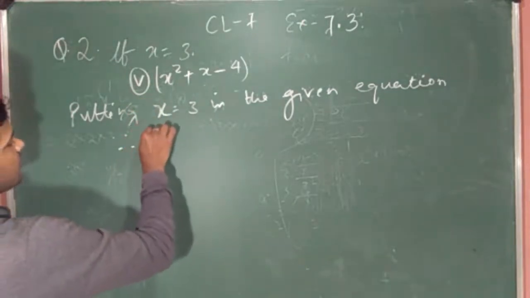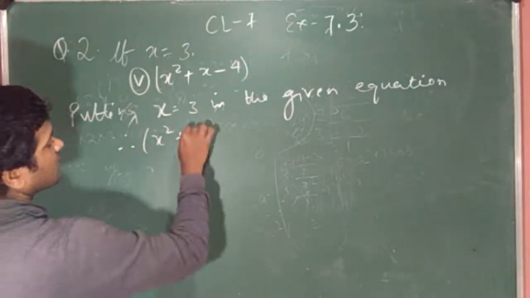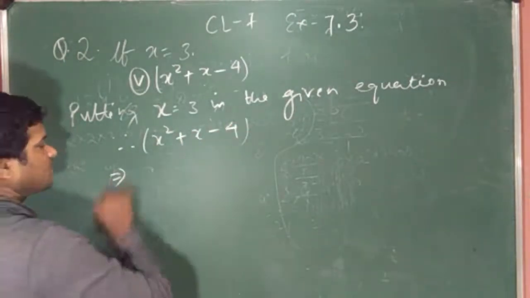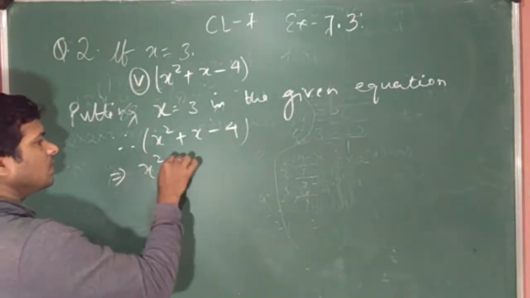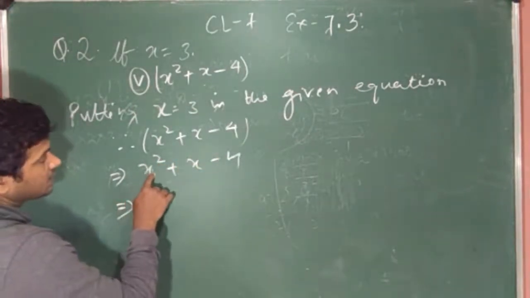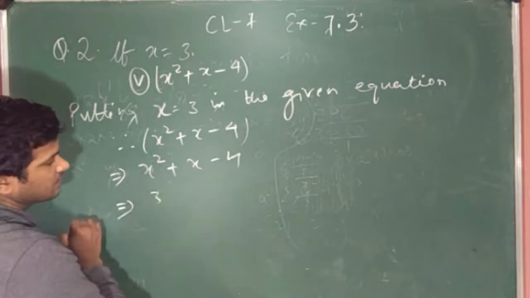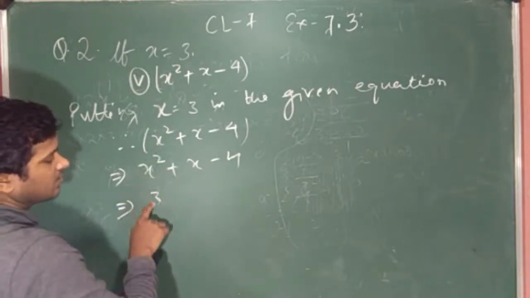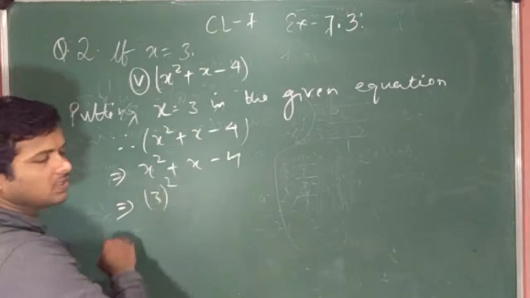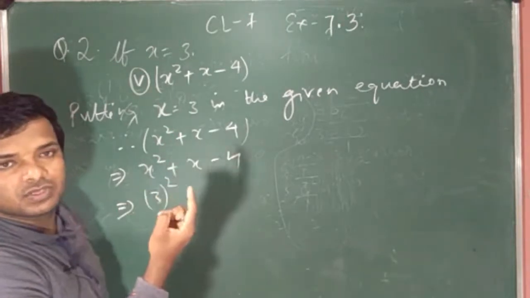So we have x square plus x minus 4. As you can see, it is x. So x is how much? 3. But it is square, so we need to write square in this way. Square means we need to put the bracket.